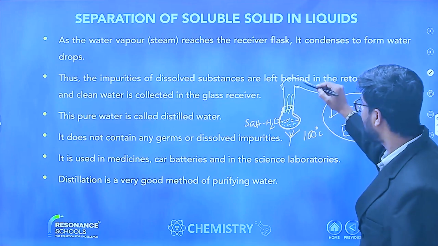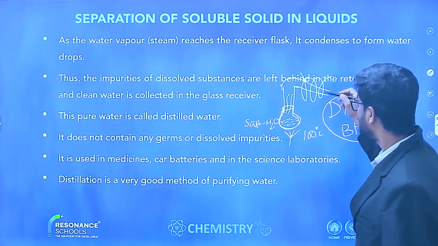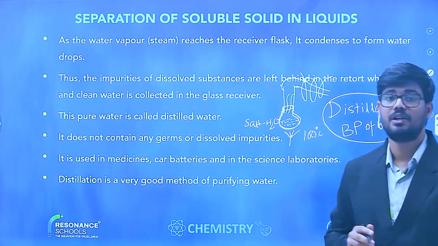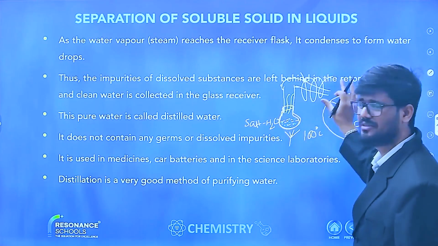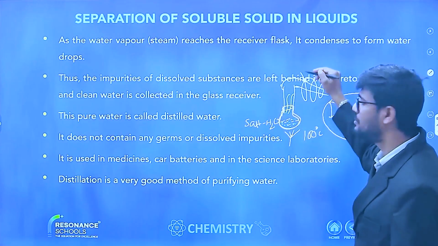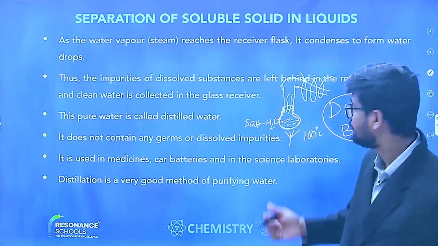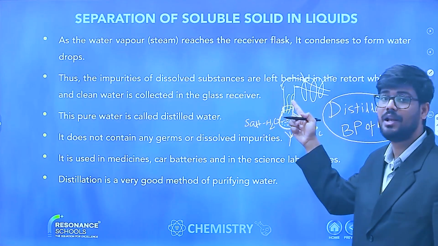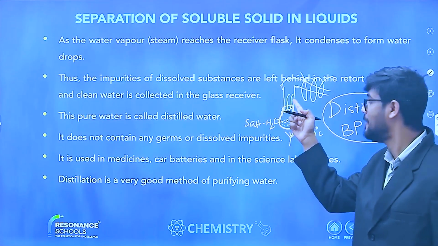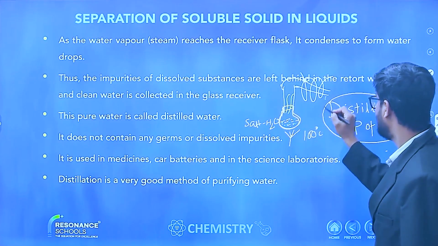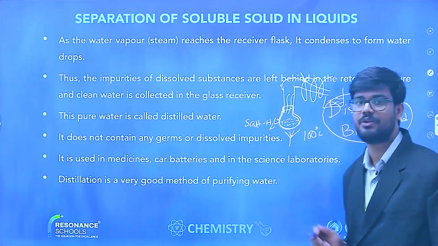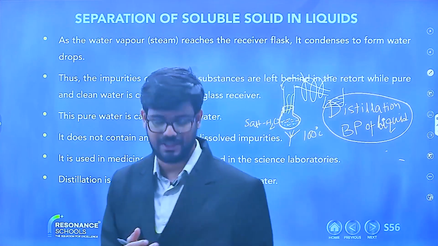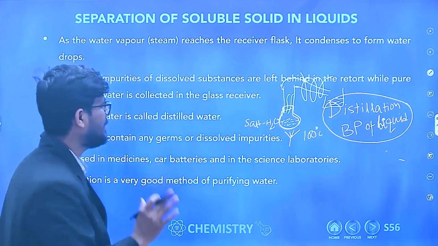Here we have used another tube, called a condenser. Here we supply cold water, and that cold water converts this vapor into liquid. Here we have another container, and all this liquid water is collected there. That is the main idea.